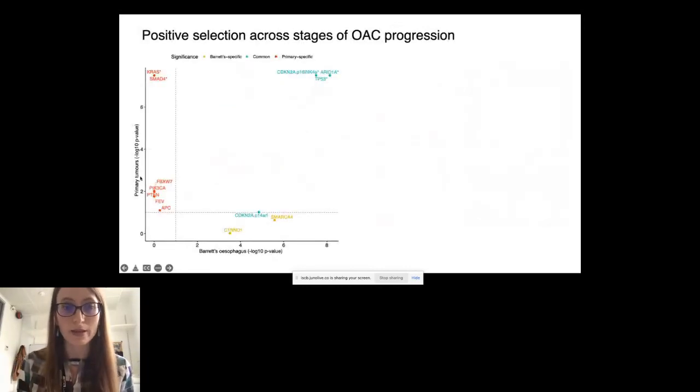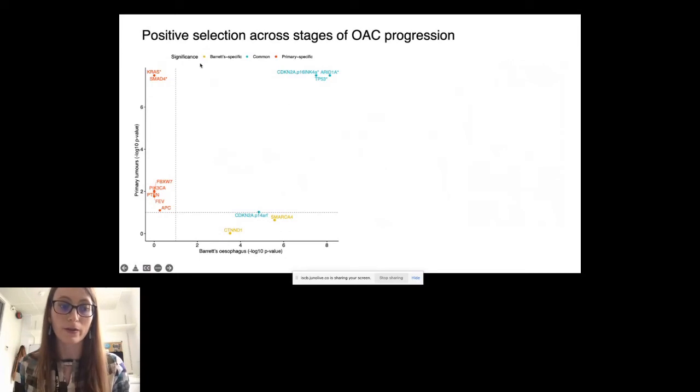So when we do this, this is what we're seeing as positively selected genes in Barrett's esophagus, primary tumors, and both of them. So the blue genes are the ones that are positively selected in both Barrett's esophagus and primary tumors. The red genes are positively selected only in primary tumors, and yellow genes only in Barrett's esophagus.